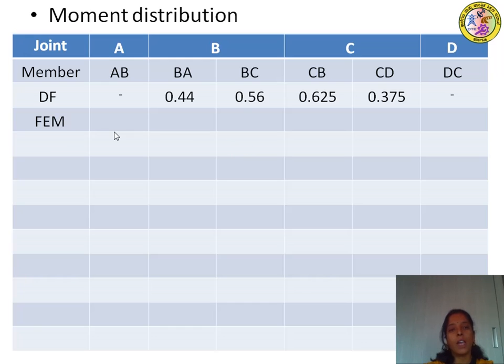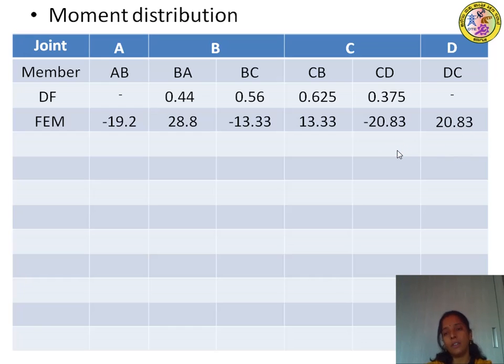So whatever we have calculated in the first step, those values have to be entered here. MFAB minus 19.2, MFBA plus 28.8, MFBC minus 13.33, MFCB plus 13.33, MFCD minus 20.83, and MFDC plus 20.83.